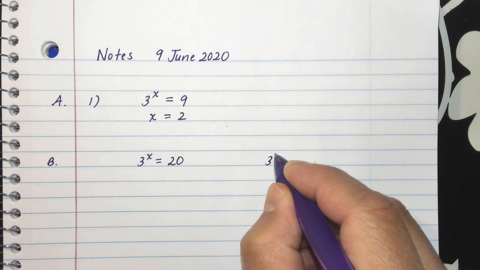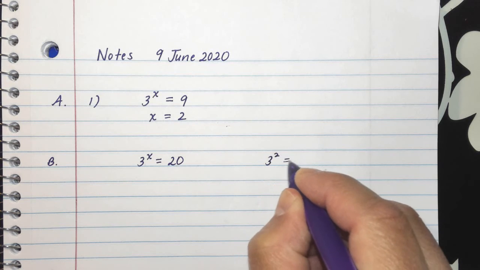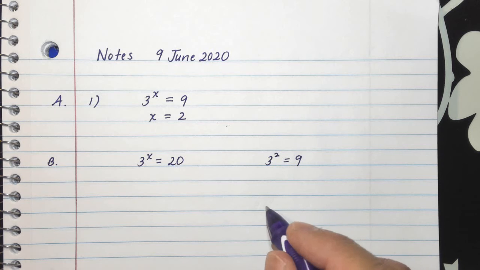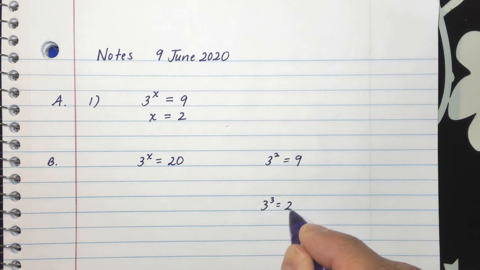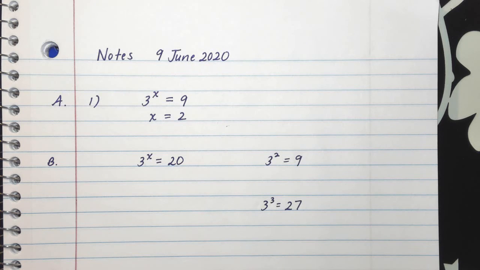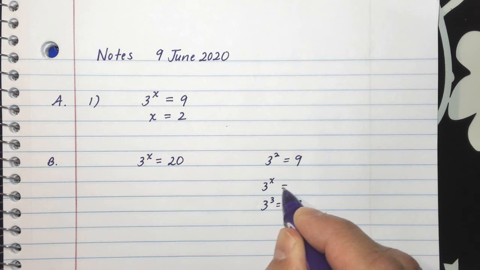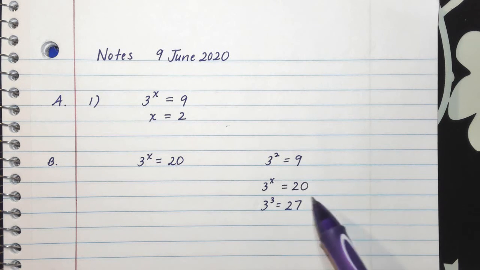So you know 3 squared equals 9, and you also know, or should know, that 3 to the 3rd power is 27. So 3 to the power of x equals 20. 20 is closer to 27 than it is to 9.